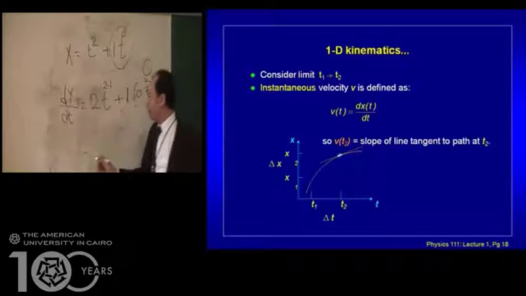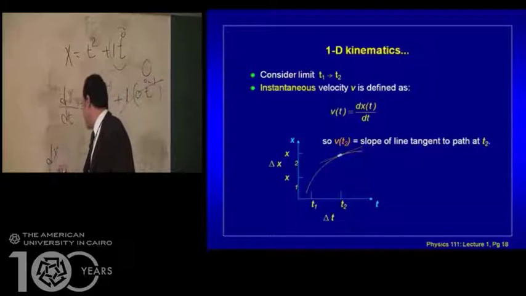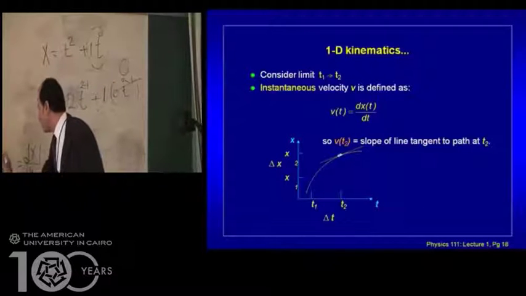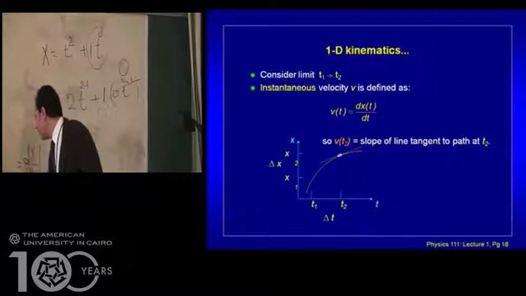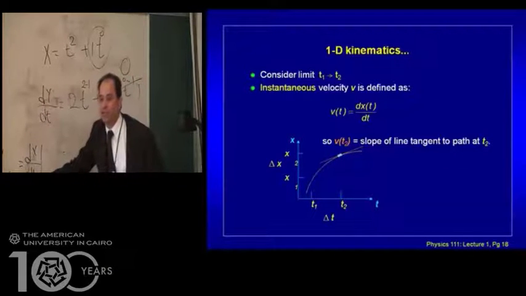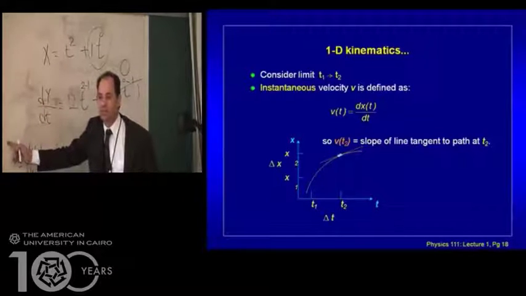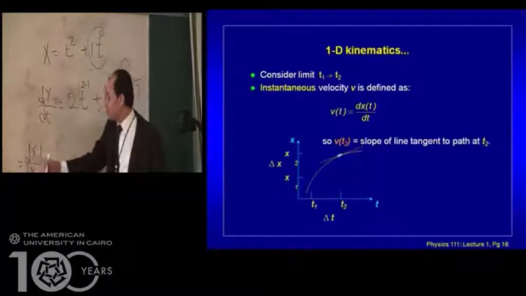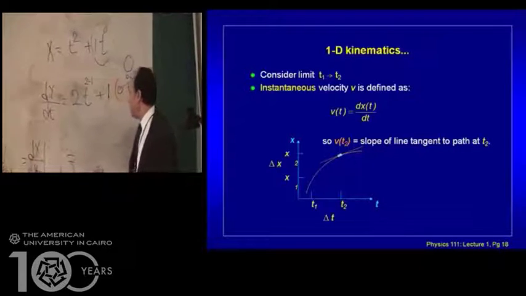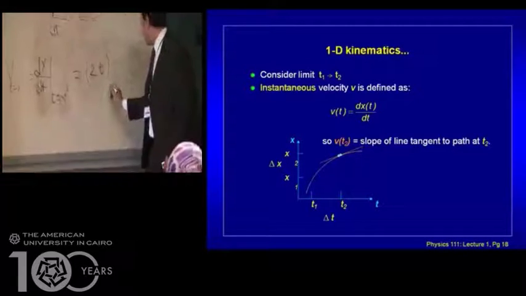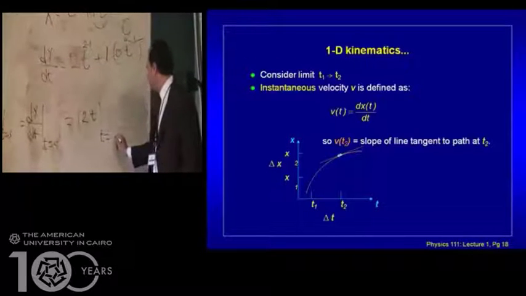Now we need to find dx by dt at time equal to 5. I asked you guys to find the instantaneous velocity at time equal to 5 seconds. We know that v is equal to dx by dt, which should equal 2t at time equal to 5 seconds.